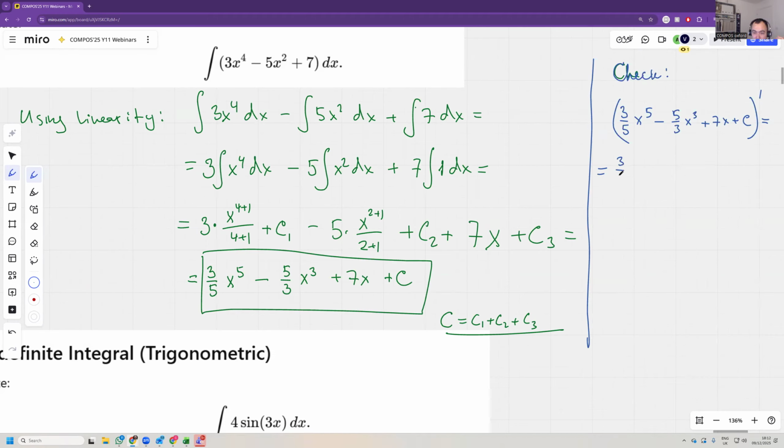It's going to be 3/5 multiplied by 5x to the power 4 minus 5/3 times 3x squared plus 7 plus 0, which can be simplified to 3x to the power 4 minus 5x squared plus 7. And that's it. That's exactly what we have. Lovely.